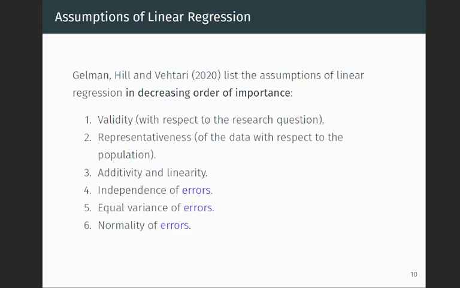Number 5 is equal variance of the errors: one of the assumptions is that they all have the same variance. And the last assumption is normality of the errors. You'll see this often: we assume that the epsilons follow a normal distribution. But this is actually the least important assumption, and we don't care too much about whether it holds or not.